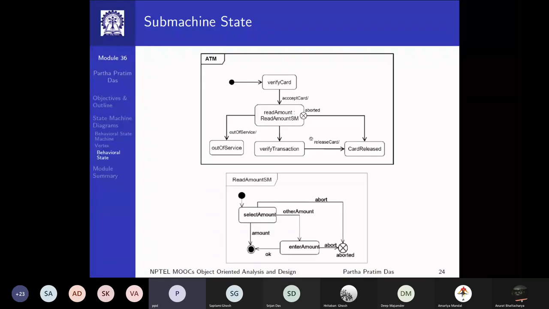So let's look at this. When you do a composite state showing substates, or when you do a submachine, again it is a matter of judgment. When it is somewhat simple to describe in terms of substates, you will possibly do a composite state. When that itself gets quite complex, then you will possibly do a submachine. So in terms of submachine, what you do, you draw it separately.